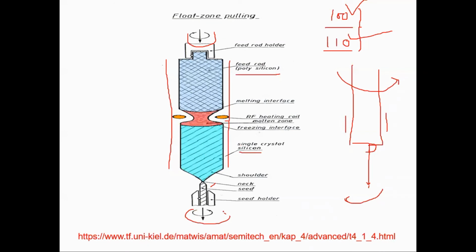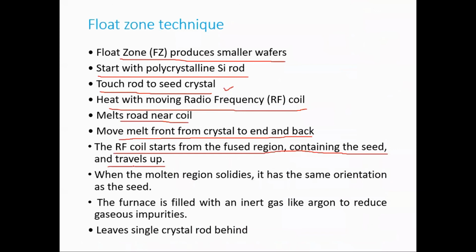One is counterclockwise, another is clockwise, and another is in this direction. These three directions give you a particular orientation, and also provide a particular geometry. When the molten region solidifies, it has the same orientation as the seed. For the seed, we know what kind of orientation we want.